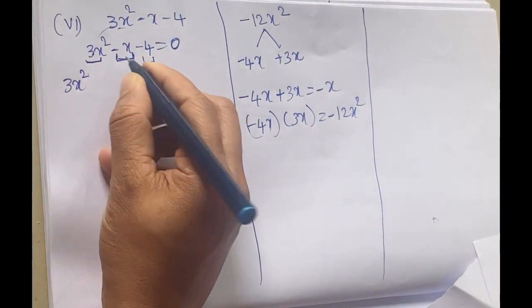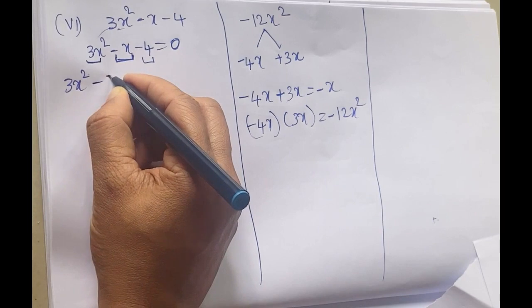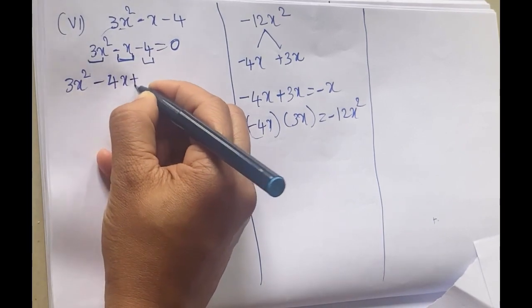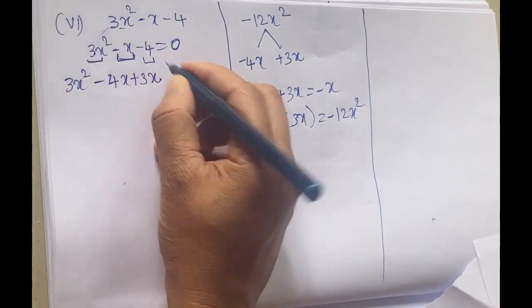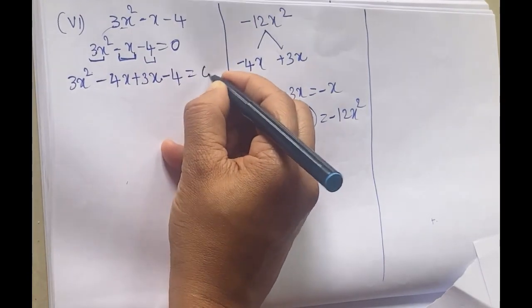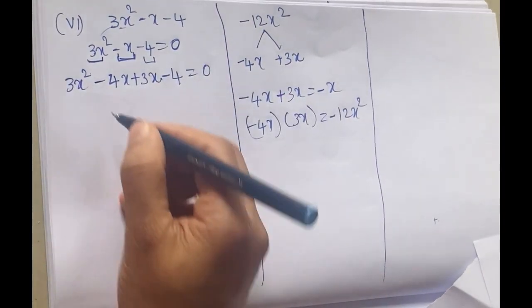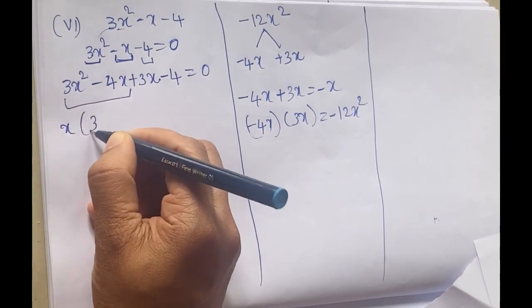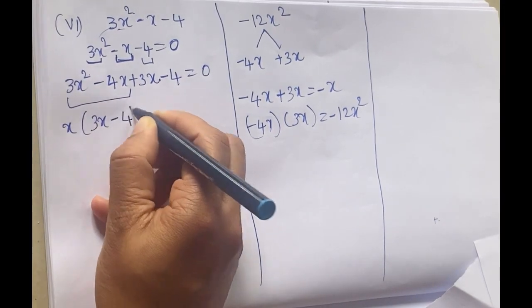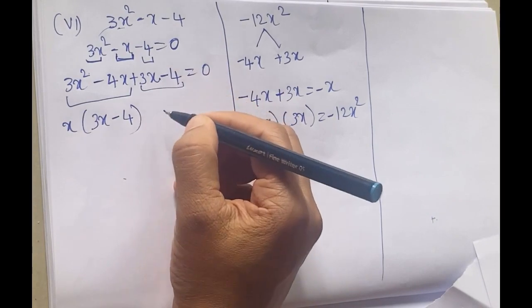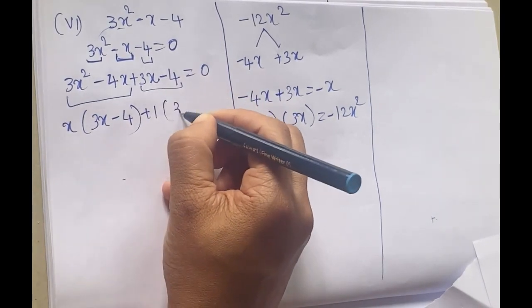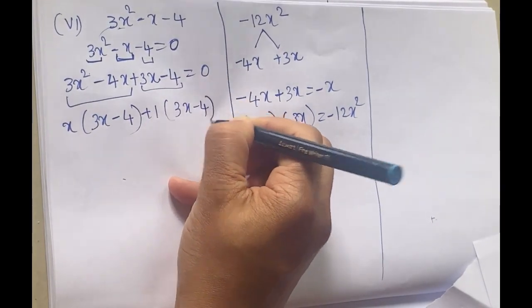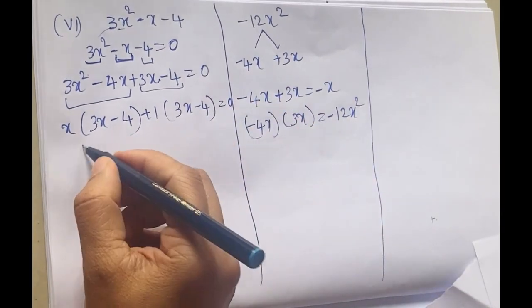3x square as it is, minus x as minus 4x plus 3x, minus 4 as it is, equal to 0. From these two, I will take x common, 3x minus 4. From these two, I will take 1 common, 3x minus 4 is equal to 0.